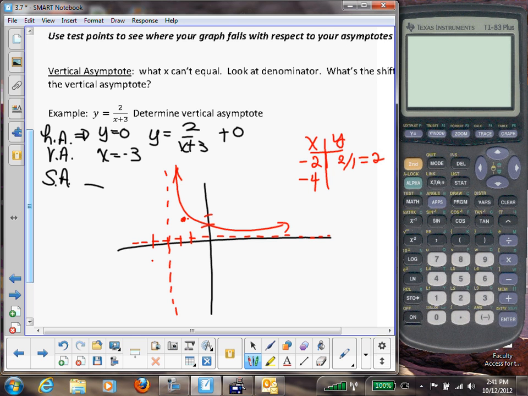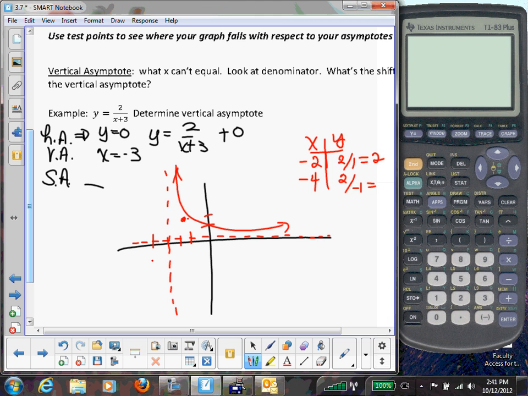So I know that this is what my graph is looking like on that side of my vertical asymptote, because it's a rational function, and all rational functions behave in the same way. And at negative 4, I'm going to get 2 over negative 1, which is negative 2. So I'm over here.